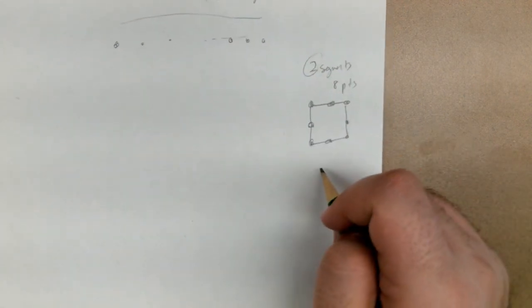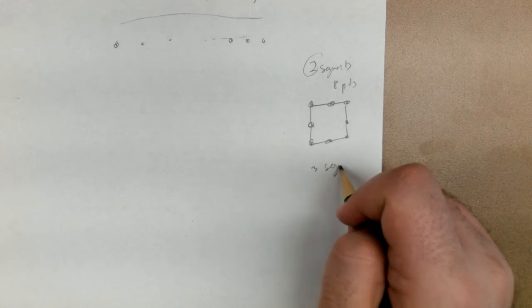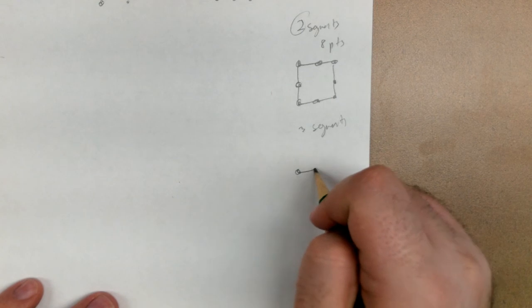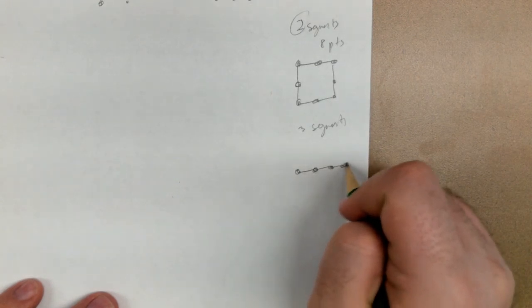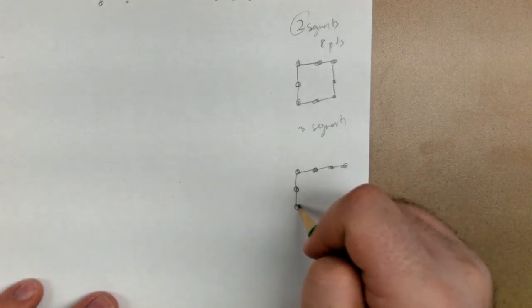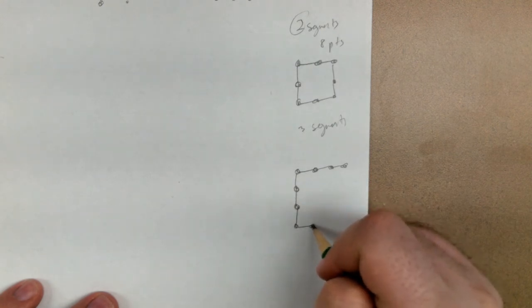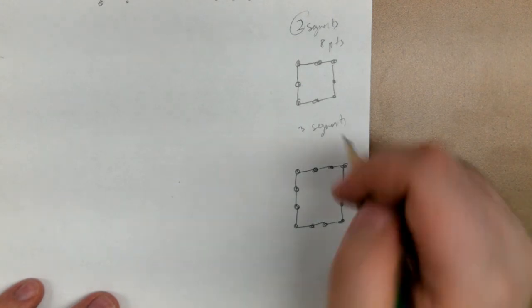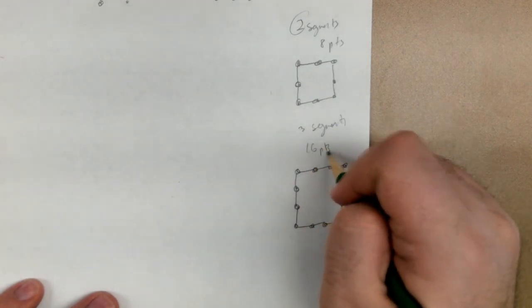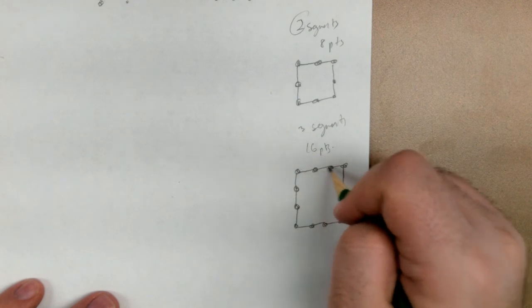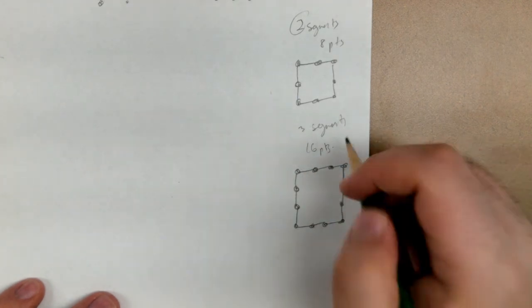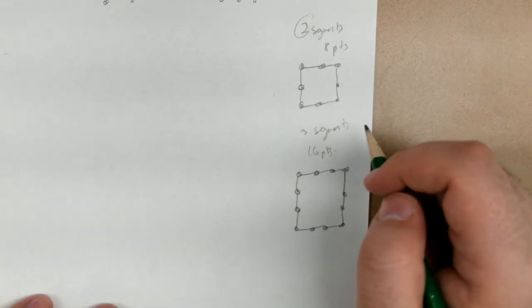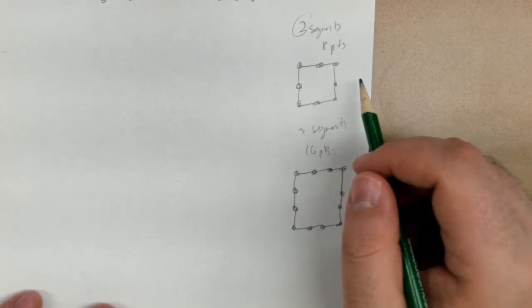And if you did this for 3 segments each, let's take a look at this guy here. You would have 1, 2, 3. Okay, so you'd have 16 points of subdivision. 1, 2, 3, 4, 5, 6, 7. So you have 16 points, and now what do you do? But the thing about the phrasing is that they say of subdivision.